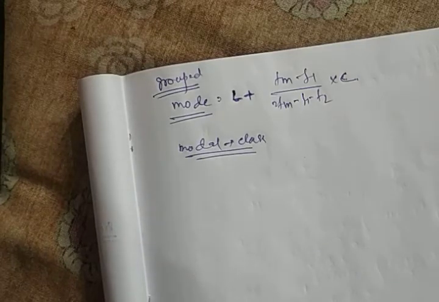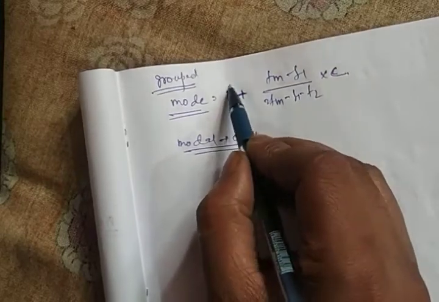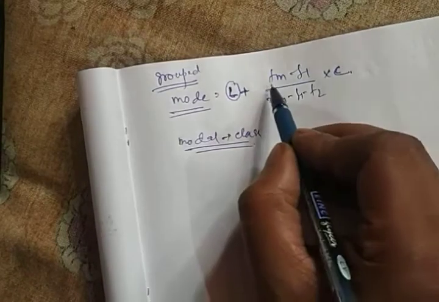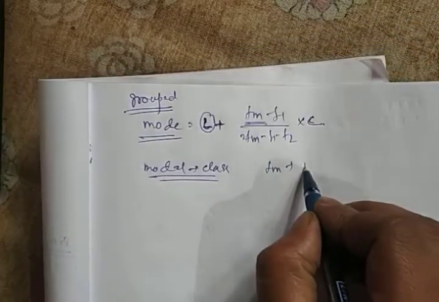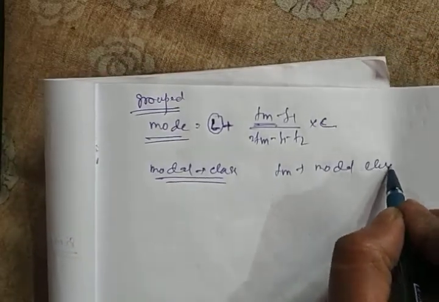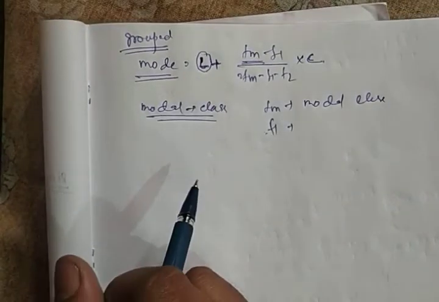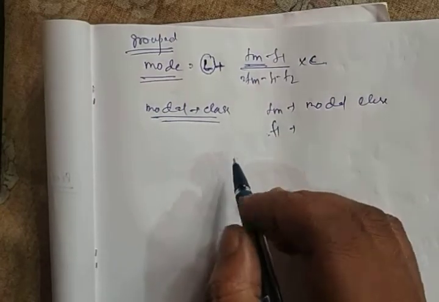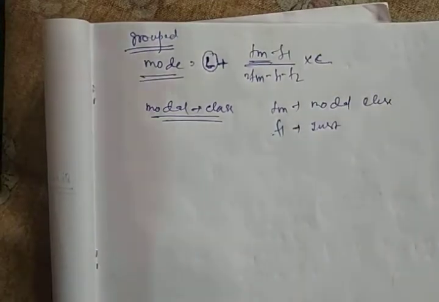The class interval which has the maximum frequency is called the modal class. For this class, L is the lower boundary of the class interval. Fm is the frequency corresponding to the modal class. F1 is the frequency just preceding the modal class.